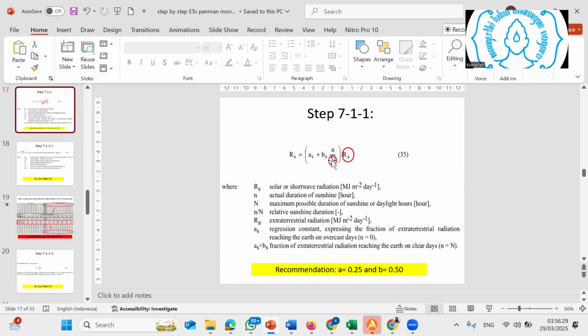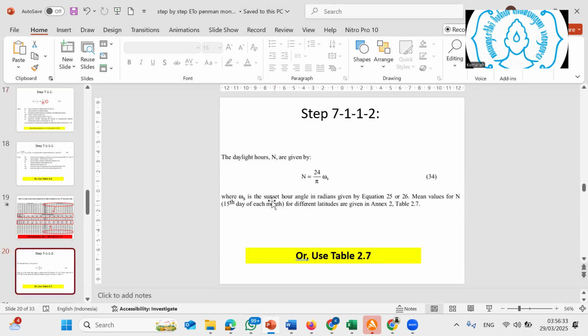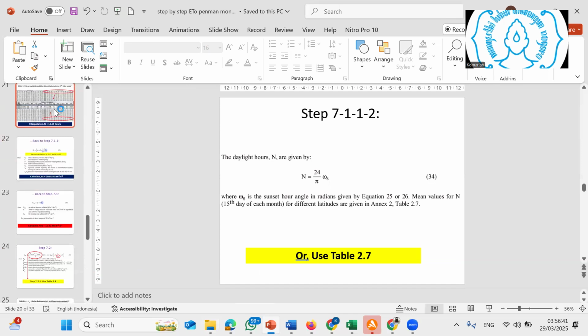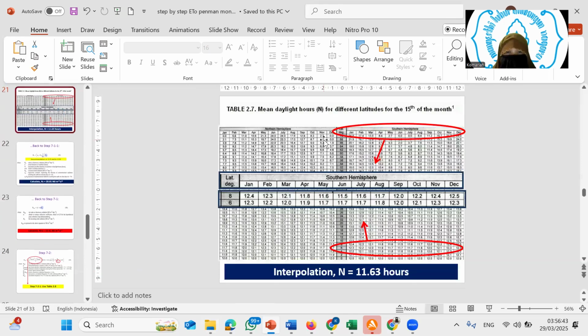Next is N. N is determined with this formula, or we can use table 2.7. Table 2.7 is also missing, I will send it to you. Table 2.7 is the mean daylight hours for different latitudes.